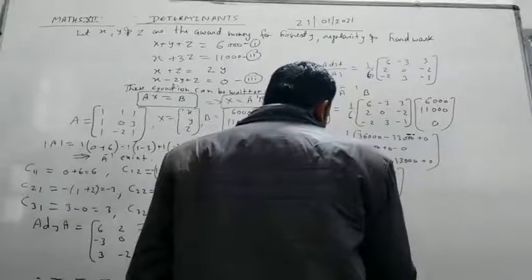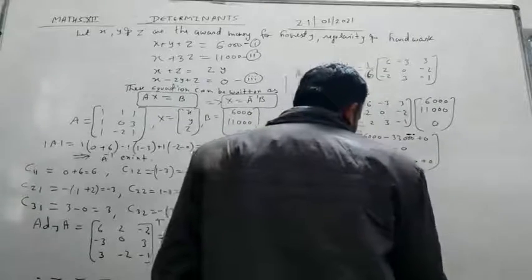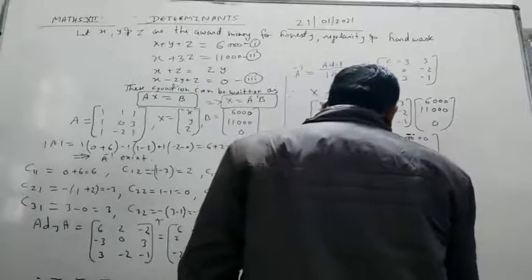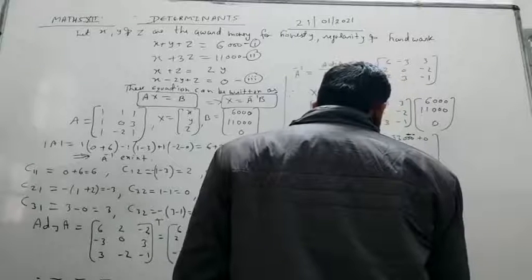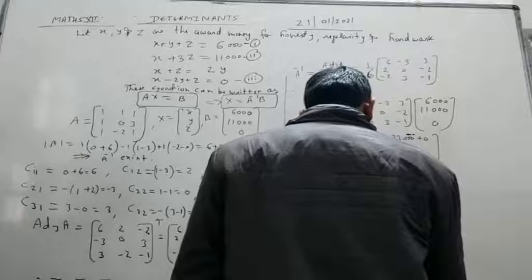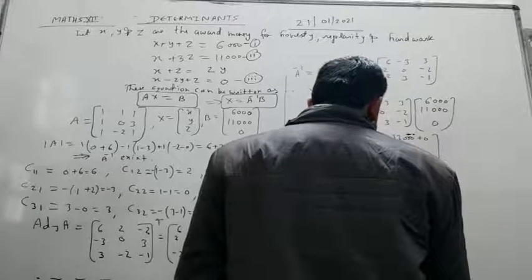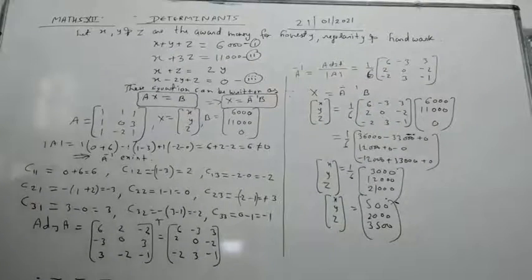Okay student, so our x, y, z is what, 500, 2,000 and 3,500.